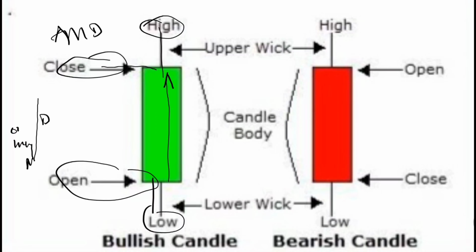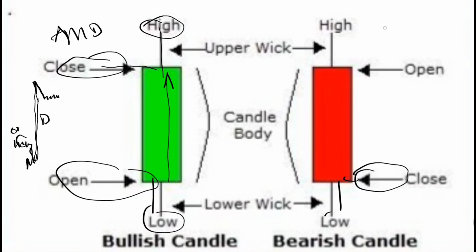This is called the manipulation, whereby the retail traders are manipulated into thinking there's a breakout of this range to sell, and now the market makers take out all their stop losses in the buy position on this buy move, and now make the high of the day, and close with this. This is the daily AMD for the bullish candle.